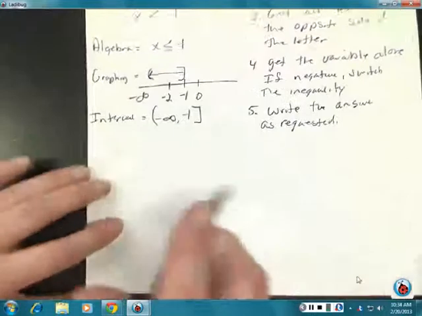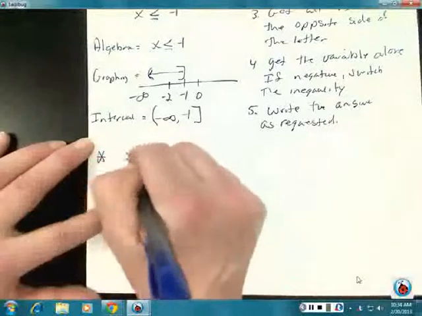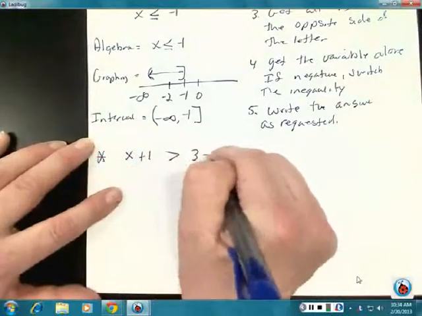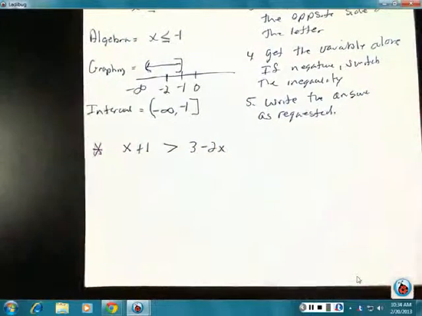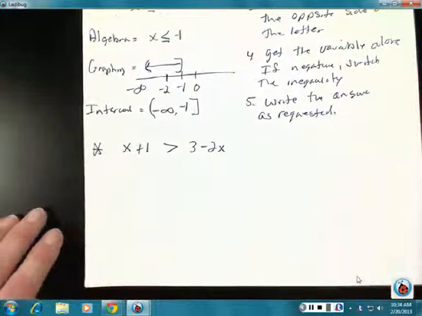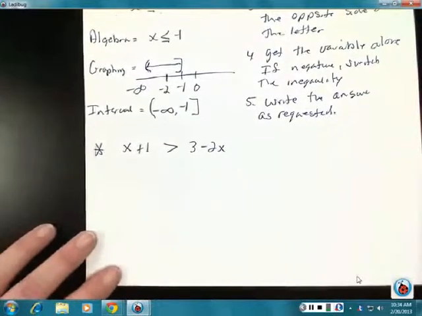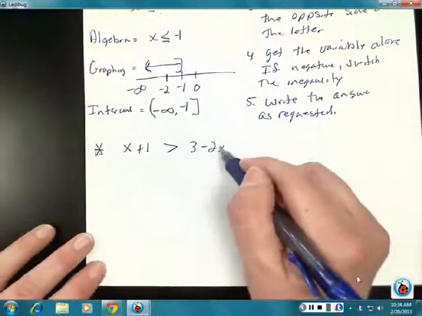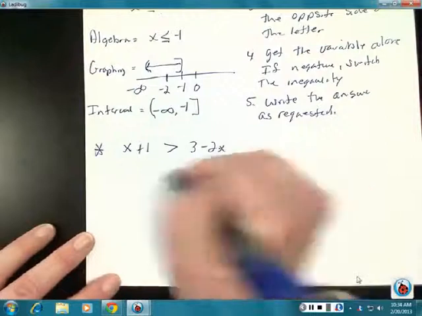How about this one? X plus 1 is greater than 3 minus 2x. So it's get all numbers on one side, all variables on one side. So which do I want to move? Let's move the negative 2x, because that's the smaller of my x's. So I'm going to add 2x.